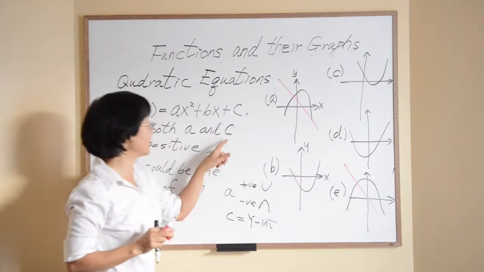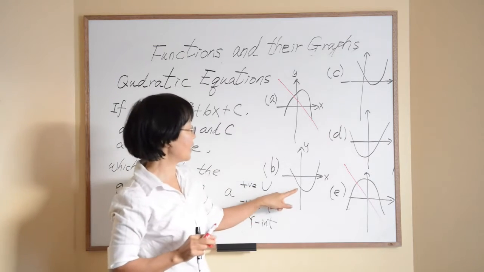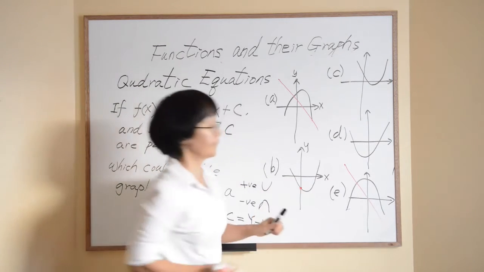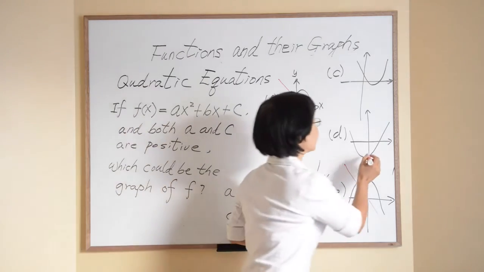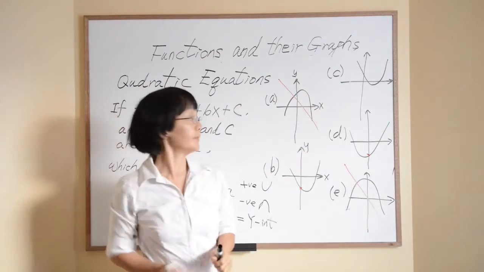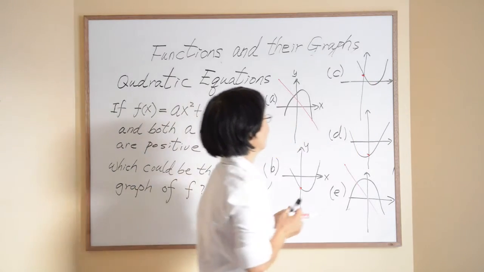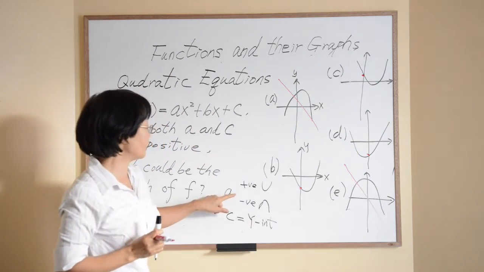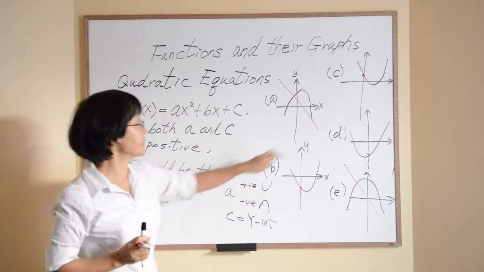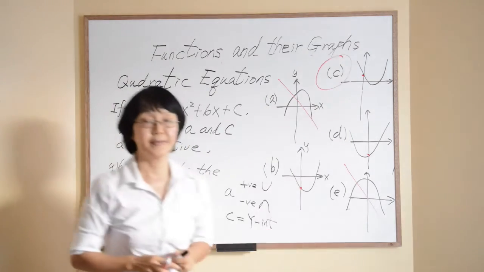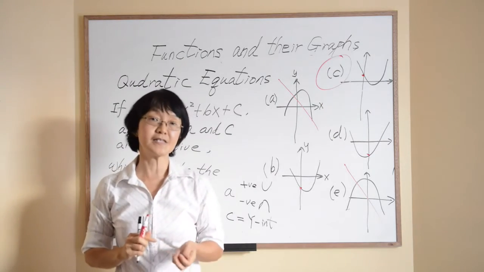Which one has C positive? This one is negative. The y-intercept is negative here, right? This one is negative. Only this one is positive. And it also satisfies that A is positive. So this should be your answer. Okay? Good. Let's see the next example.